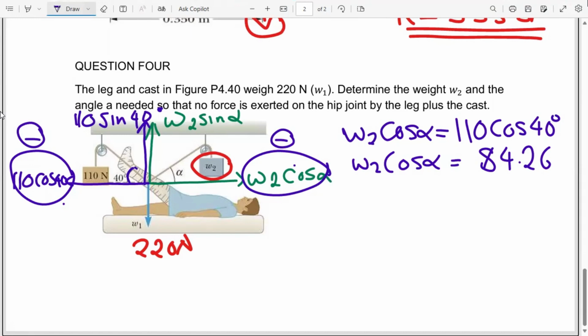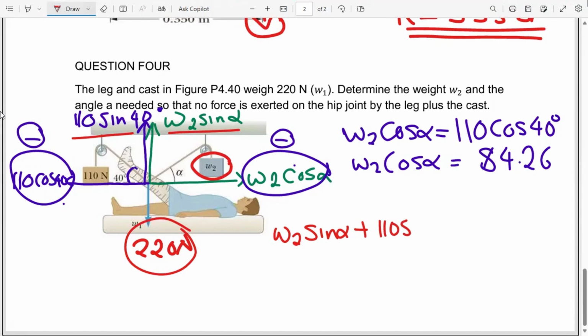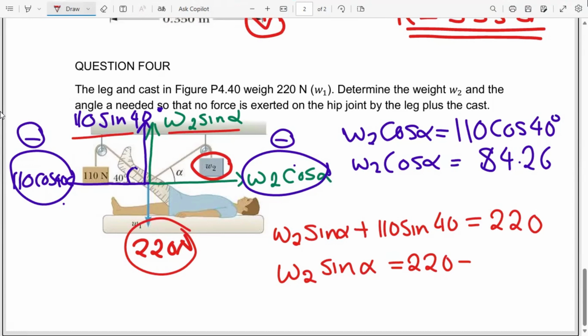Let's look at the equilibrium forces in the vertical axis. Let me change my pen. In the vertical axis, I have this force which is pointing in the negative y direction, and we have these two forces that are pointing in the positive y direction, which means I'm going to have W2 sine alpha plus 110 sine 40. This will be equal to 220. So I'm having my W2 sine alpha being equal to 220 minus 110 sine 40.